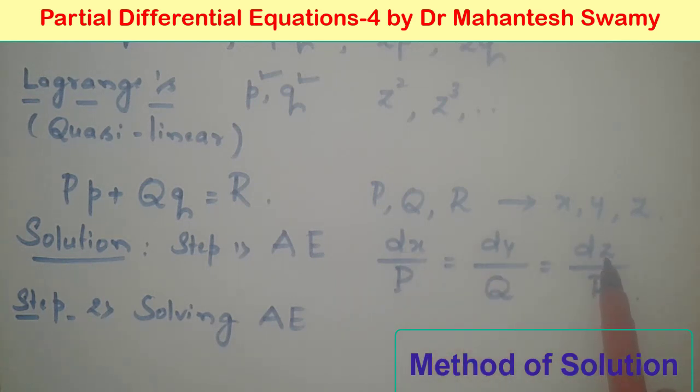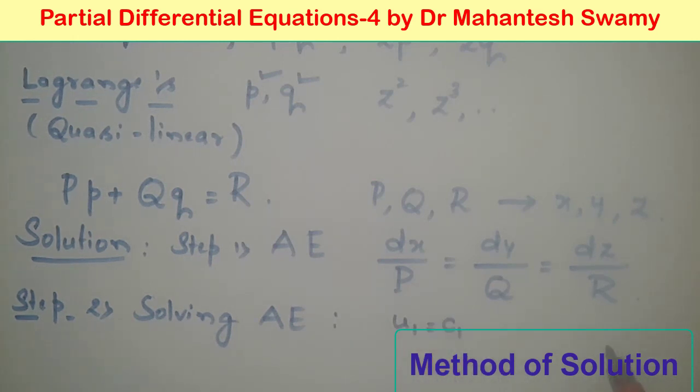Then we have to go for the integration, and then we can find the solutions. In the first step, if we consider one pair of members, we will get one solution, and that solution will be taken as u1 equal to some arbitrary constant c1.